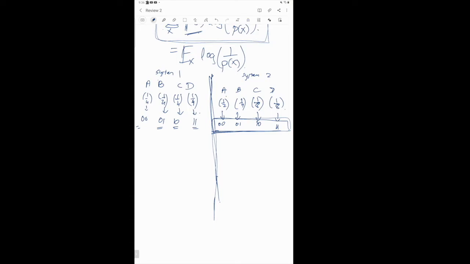One most important thing that you need to see is that since each of these events is equally likely, giving them equal amount of bits would make sense. But now I know that the probability of seeing A is twice as high as the probability of seeing B. So the most efficient way would be to give the least amount of bits to A. That would be 0.